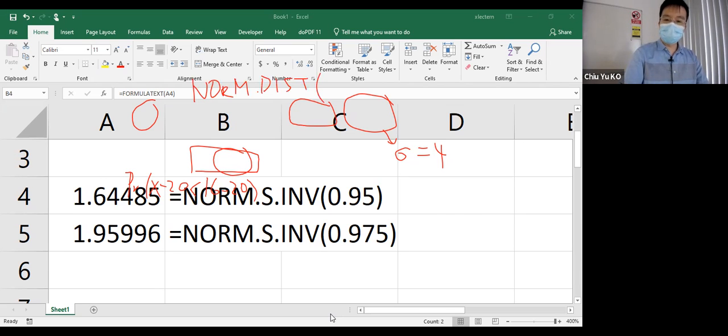You put in the number 16, the mean 20, and the SD 4, and then you put true, and you're done. So let's do it.